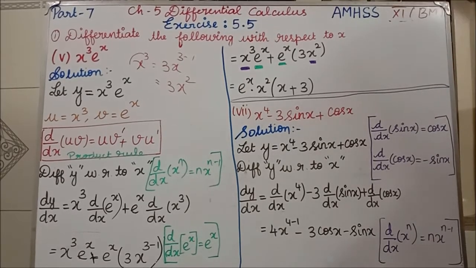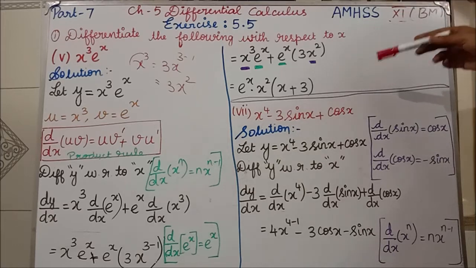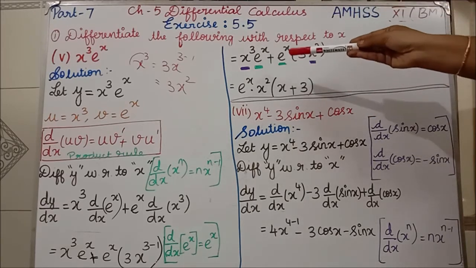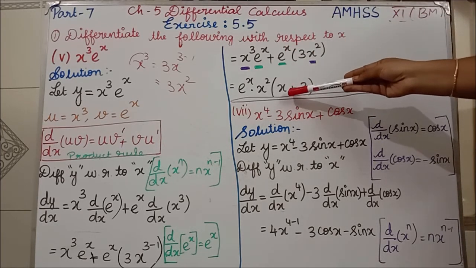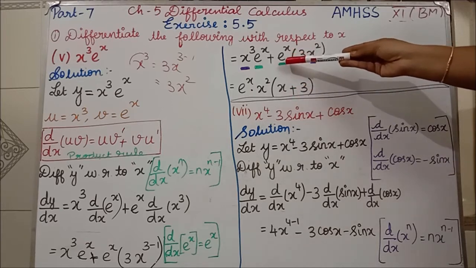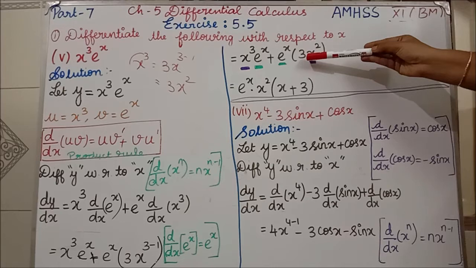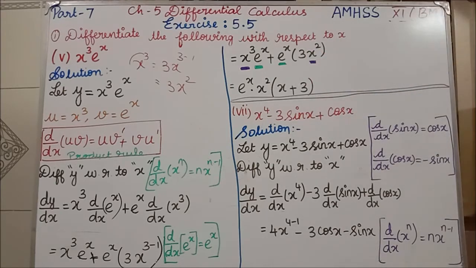So take that commonly out. e power x dot x square into x plus 3. Clear? If you take e power x and x square commonly out, in the first term we will have only one x. In this term e power x is already outside, x square also already outside. Remaining is plus 3. Clear all of you this problem? Fifth question, all of you are clear.